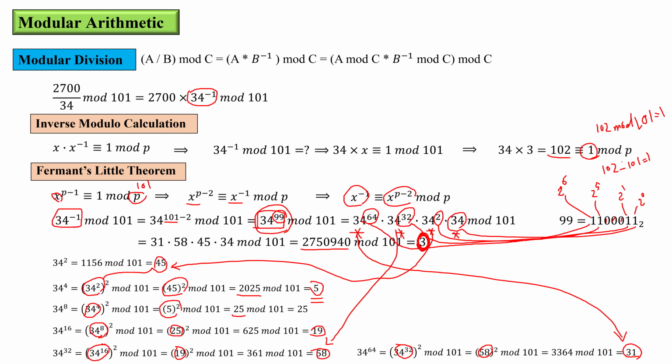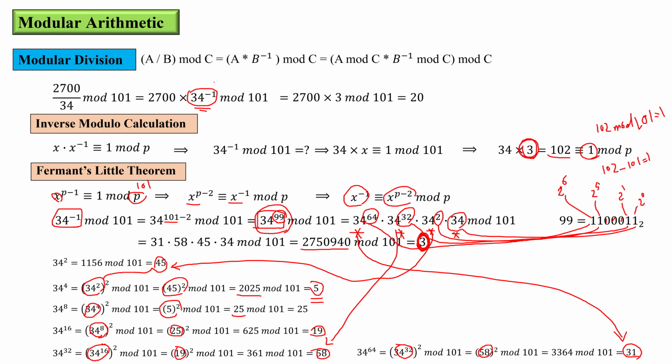Or you can turn the circle, or you can use the website. Okay, so we have reached this value. We were seeking a value that when we multiply it by 34, and the result wraps around in mod 101, the final result equals 1. So this means that the inverse of 34 equals 3.